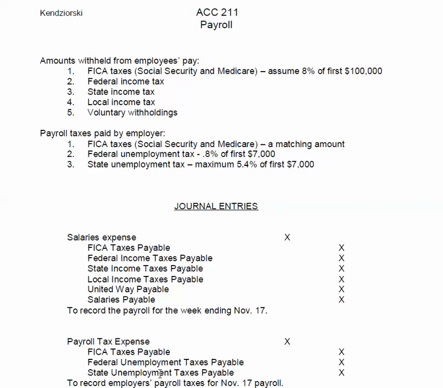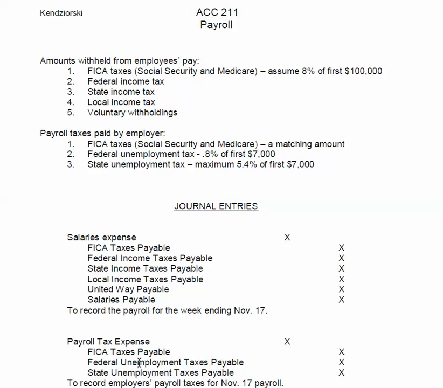And finally, down here in the bottom entry, the debit to payroll tax expense is simply the sum of the 3 taxes that the company has to pay related to its payroll. The first one is Social Security and Medicare, and it represents a matching amount. So with whatever was withheld from the workers' paychecks in the first journal entry for FICA, the company has to dig into its pocket and chip in an equal matching amount.